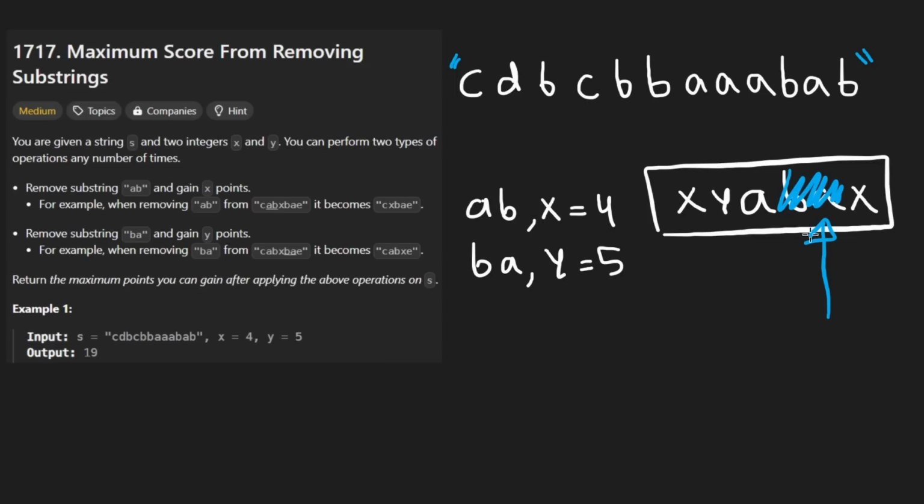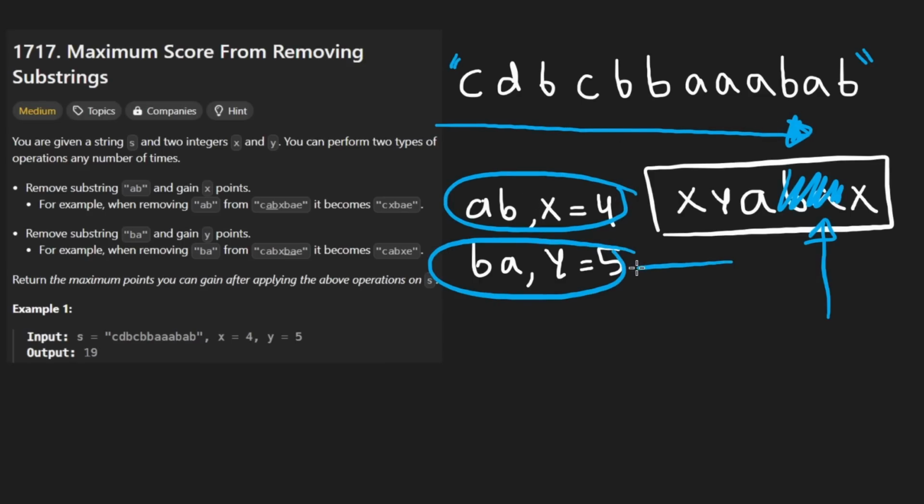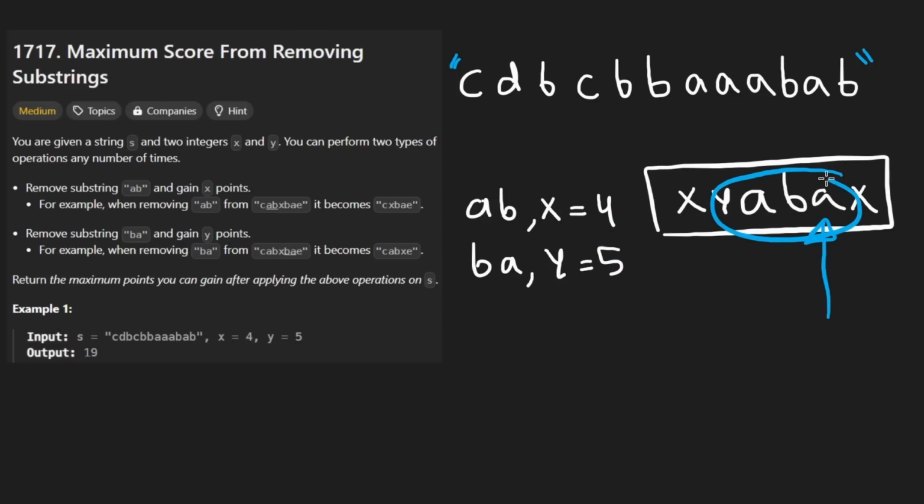So basically, you might think that there's a way to solve this problem by iterating through it a single time and just trying to prioritize whichever pair gives us the higher score. So whenever we come across a choice, like a decision, we favor the one with the higher score. You might think this will work.